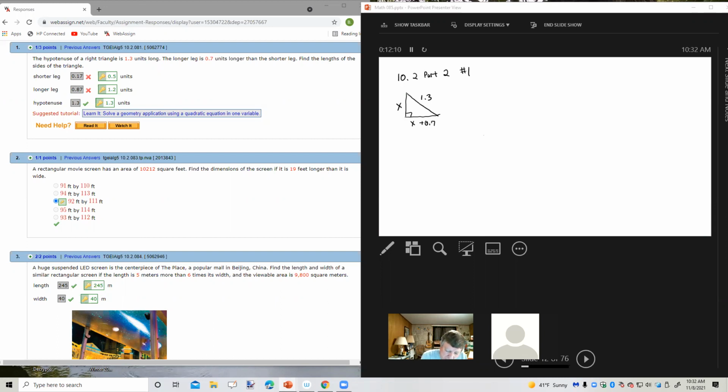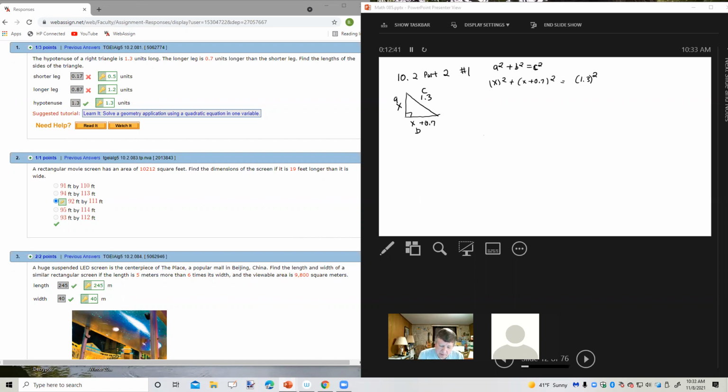Now, using the formula a squared plus b squared equals c squared, c is always the hypotenuse, so this is c. We'll let this side be a and this side be b. So using the Pythagorean Theorem, we get the following: x squared plus the quantity x plus 0.7 squared equals the quantity 1.3 squared.